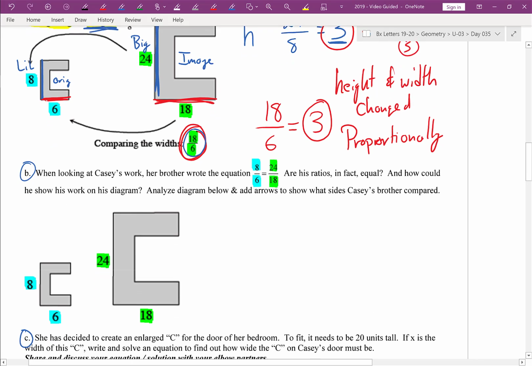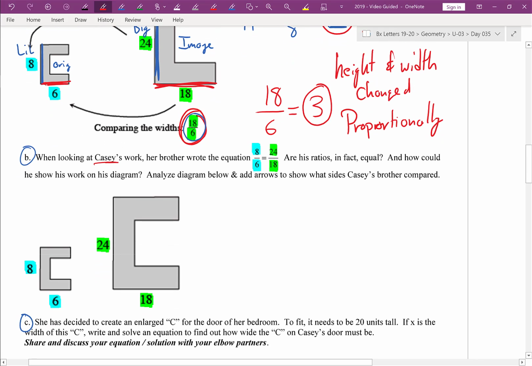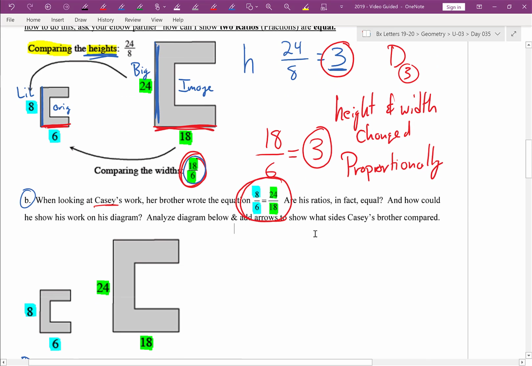Another way to look at this is Casey's brother, apparently. Casey's brother wrote this. Now Casey's not comparing big height to little height. Casey's comparing something from the big figure to something from the big figure.